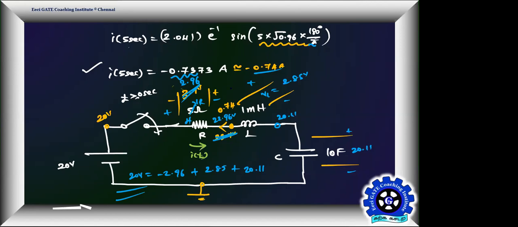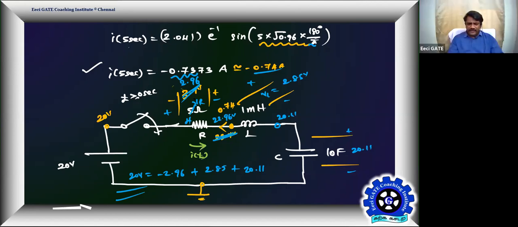In fact, I am finding VR from the current. I'm finding VC from the voltage. That's fine. But finding VL, not directly. Finding VL only by using these two, definitely the equation will get balanced. It's a manipulation. If you want to correctly find VL, then you have to find VL using L into di by dt.